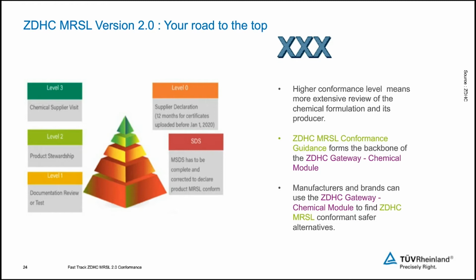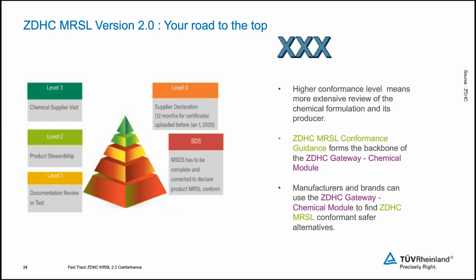This we can see by evaluating a product on level 1, which requires a third-party review of the documentation like the safety data sheet or technical data sheet, and/or an analytical test report, compared to level 2 and level 3. Level 2 requires additionally a document review by a third-party certifier of the product stewardship practices of the chemical supplier factory, ensuring that the manufacturing is conducted according to an accepted standard for quality management systems.